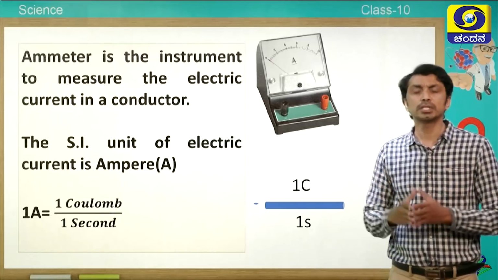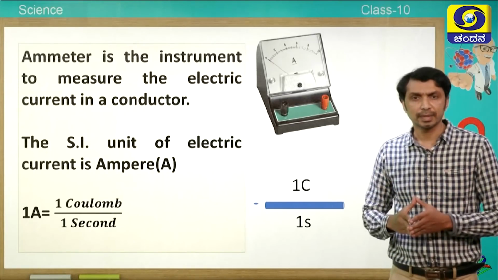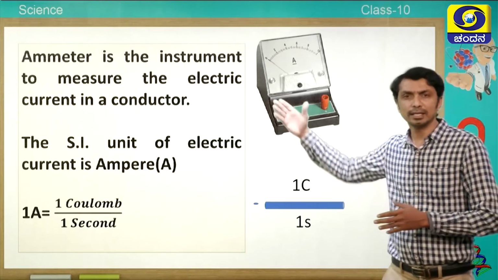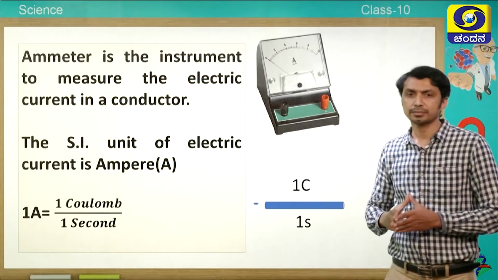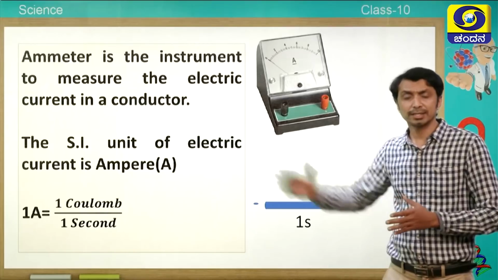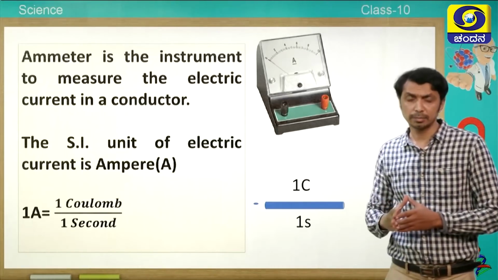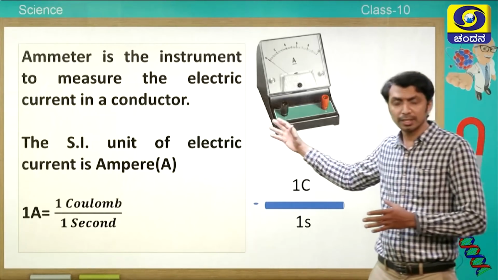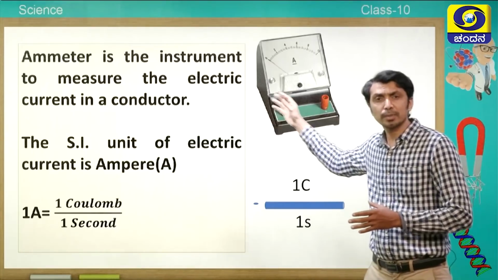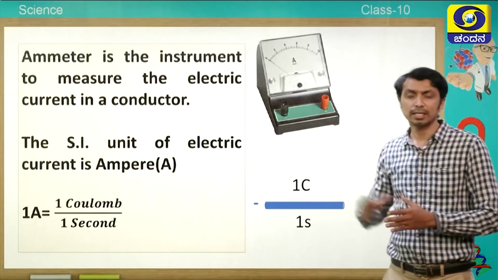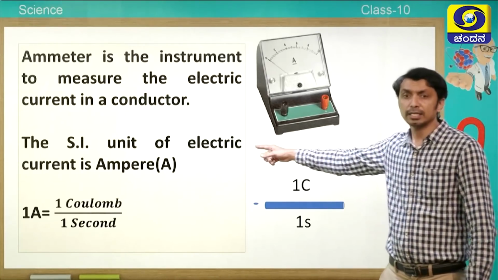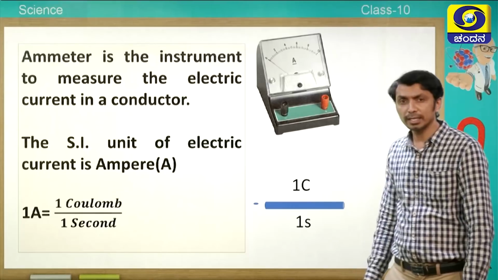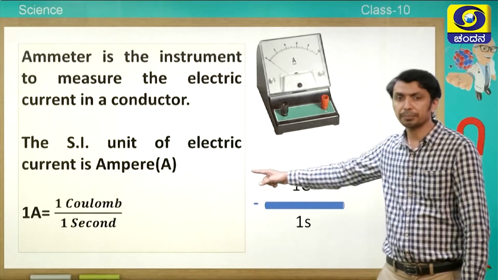Now how do we measure electric current? Yes, you are right. Here you are seeing an instrument called an ammeter, which measures the electric current. That means it measures the charge which is passing through the conductor in unit time, and the SI unit of electric current is ampere.